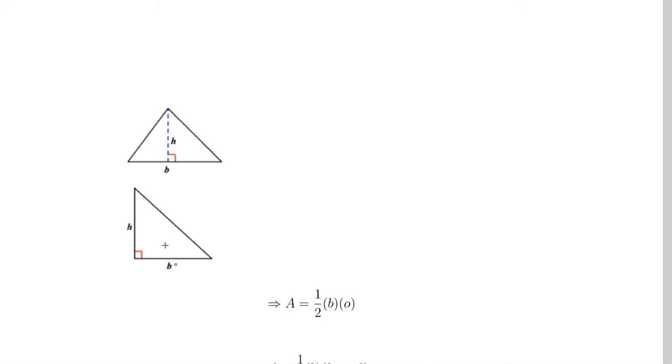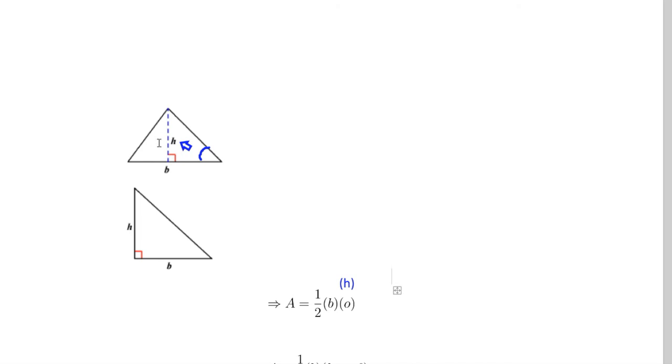Instead, I would consider that if this is the angle in there, then what else we can consider is that this line here from top to bottom is the opposite of the angle. So rather than half base times height, where I would have otherwise put an h in here, instead I'm going to put O in here to represent that it's the opposite side.